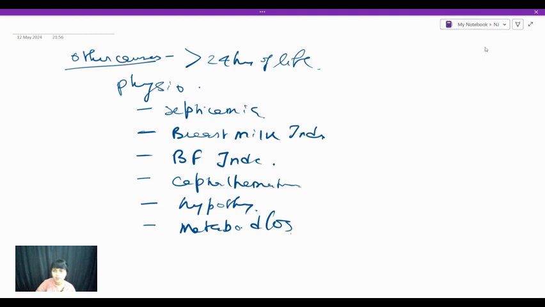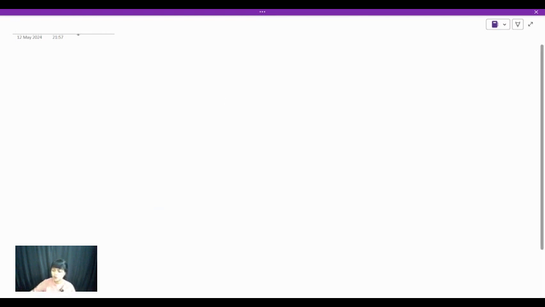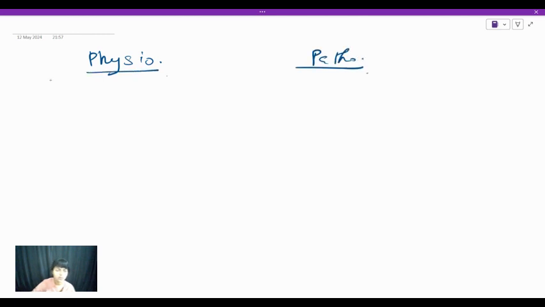Next, moving on to the difference between physiological and pathological jaundice. Okay, so what are the differences? First, let me tell you the criteria for physiological jaundice. This will develop after 24 hours of life, so basically between 2 to 3 days of life it appears. It peaks at around 3 to 5 days of life.